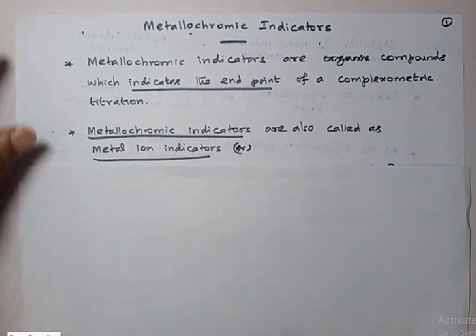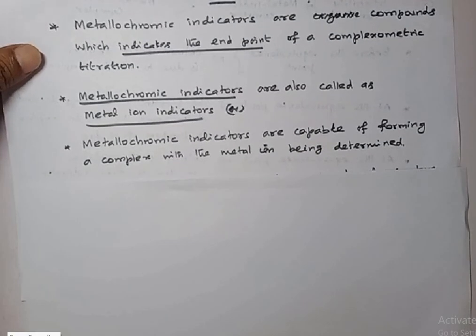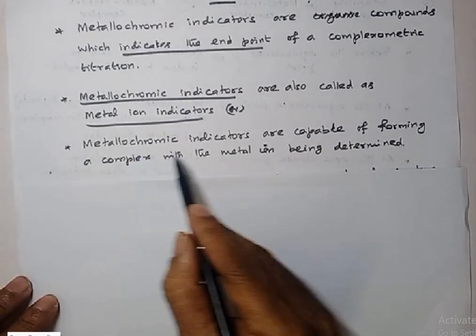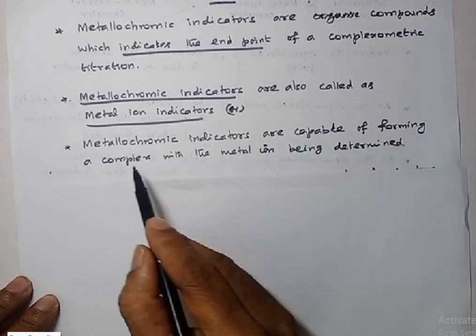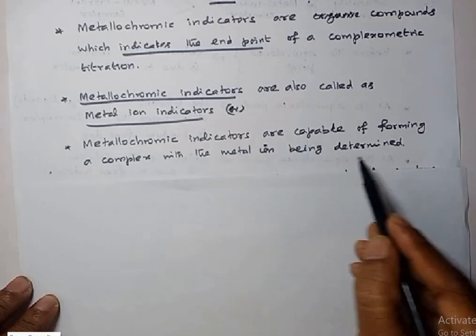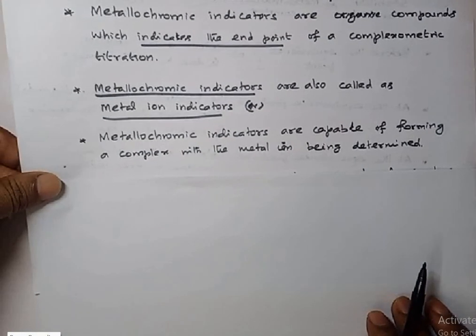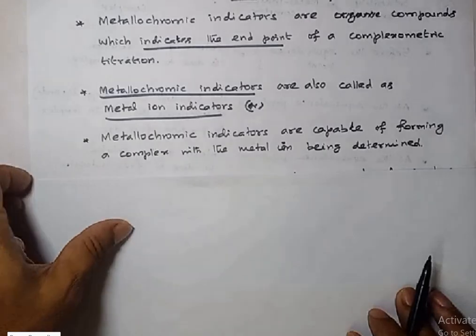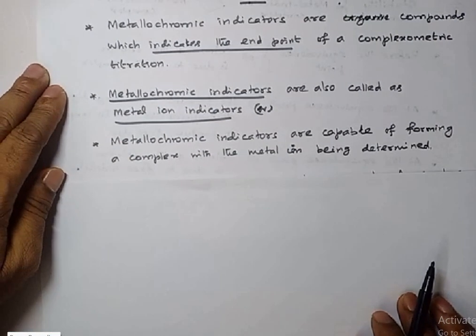Metallochromic indicators are capable of forming complex with the metal ion being determined. Observe carefully, very, very important.